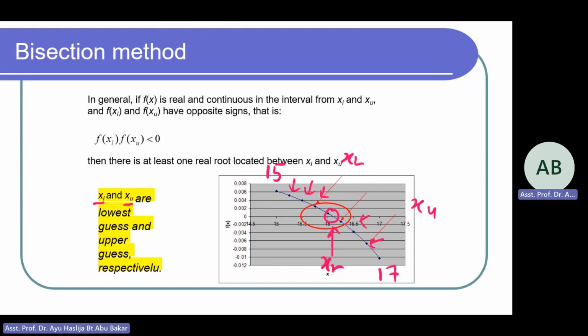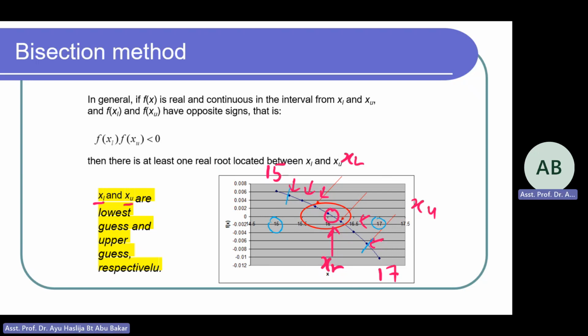Those range later on you will cut into half. For example, 15 and 17 is the first range. The next range you need to find using the equation for bisection, then cut it. You make it into a smaller range so that the range is approaching the XR.